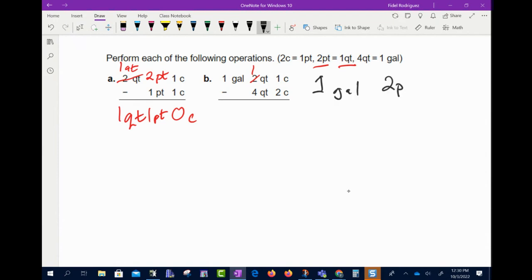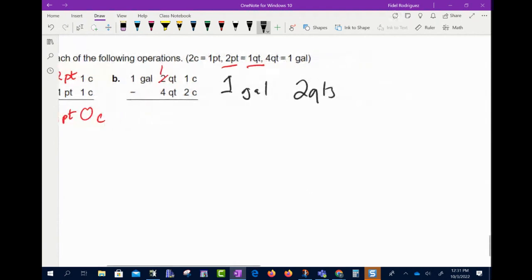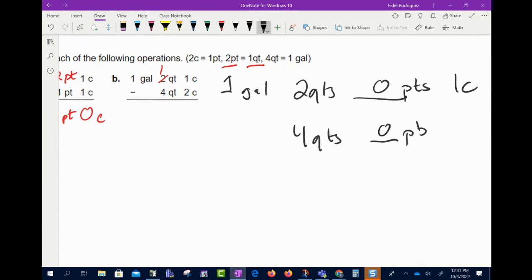I have 2 quarts here. It doesn't give me a thing for pints. So I know that I don't have any pints, and then I have 1 cup. And then right here I'm going to put 4 quarts. Again, I don't have any pints here as well, but I have 2 cups. I'm actually going to write it this way because now at least I have everything kind of lined up.